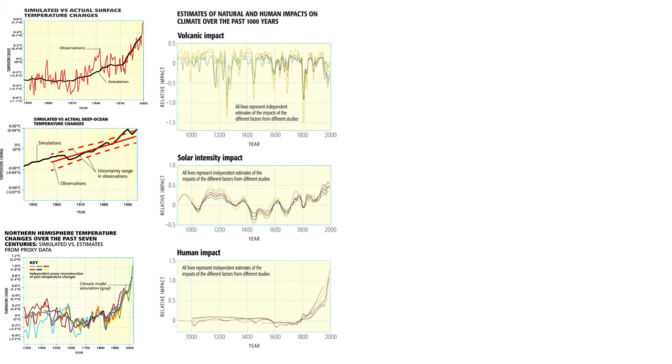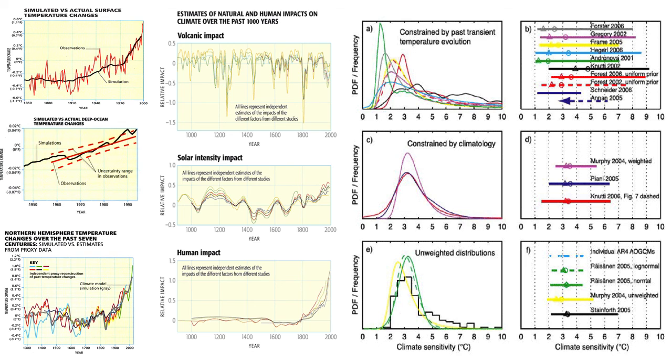From the overall evidence from all these different lines, you can see the different constraints by past transient temperature evolutions over time, all by various studies with references given, and evidence regarding both human-caused and natural climate changes over a broad range of time scales.